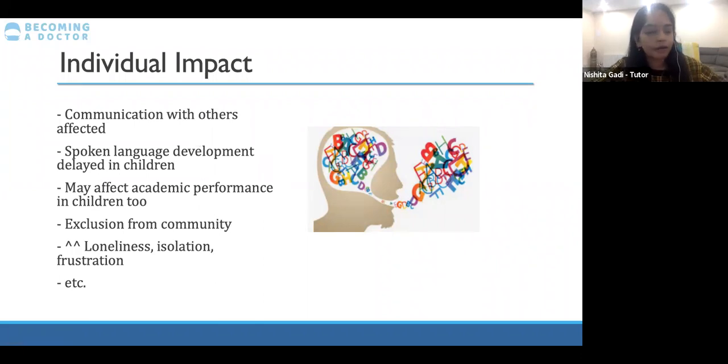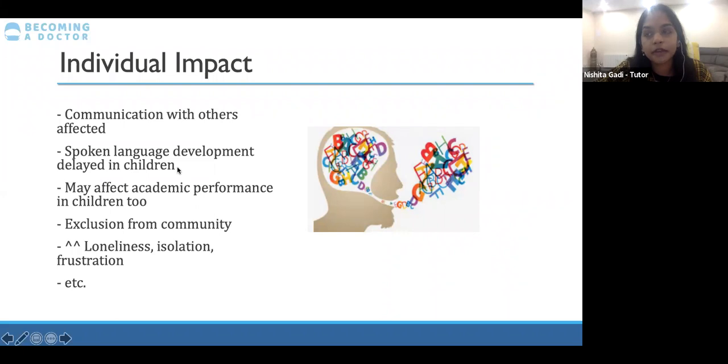So I'll quickly go through the individual impact of hearing loss. Obviously, as all of you can imagine, communication with others is affected. There's spoken language development delay in children.